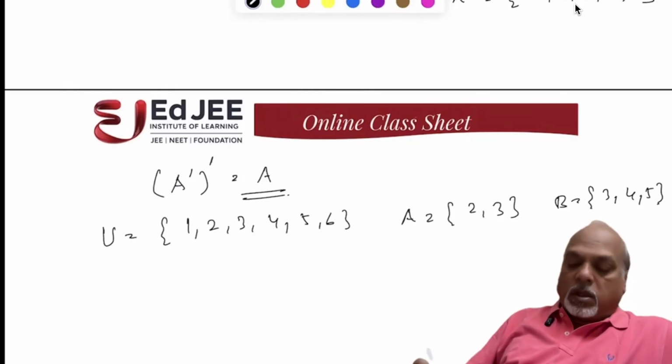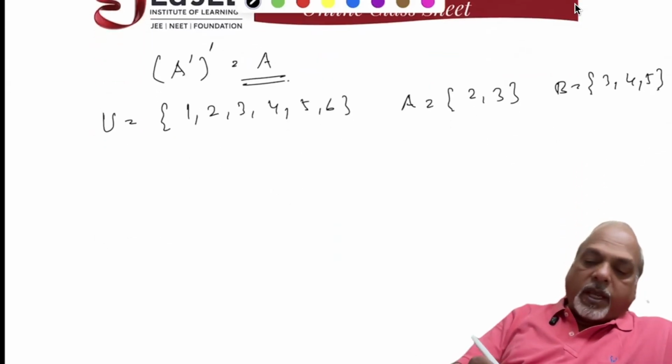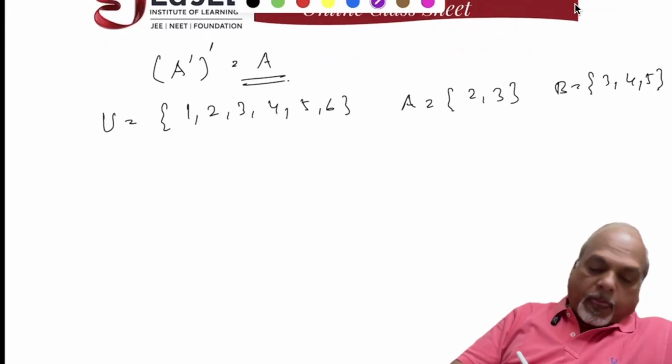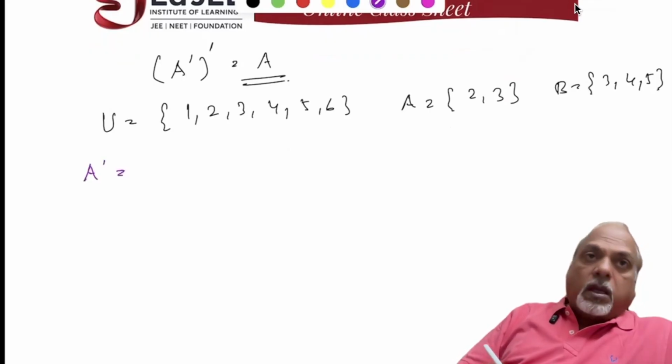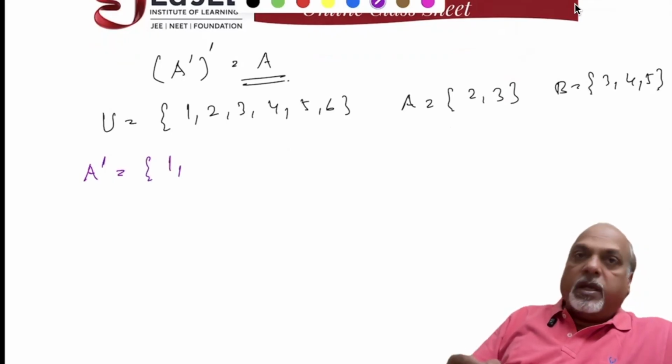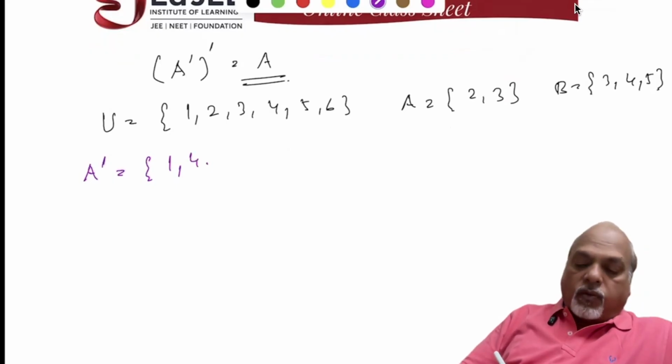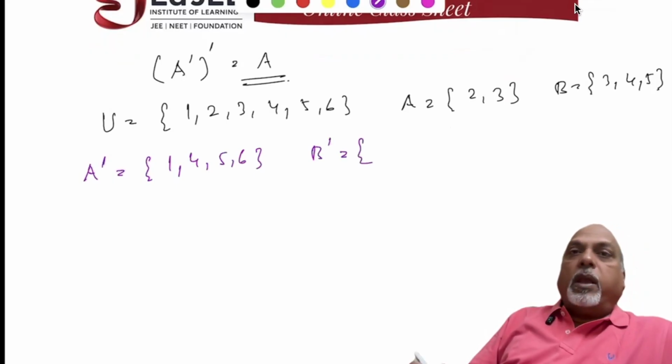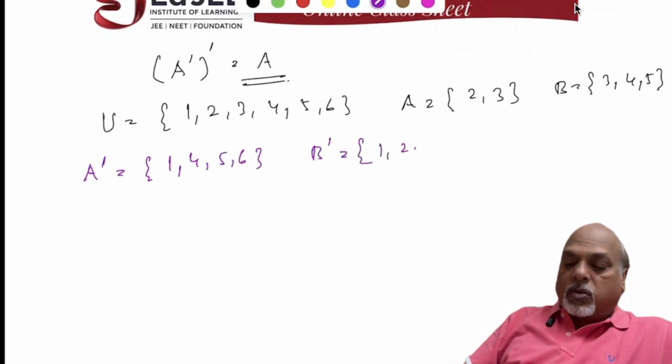Let us find out what is A dash. A dash means complement of A. Complement of A, you can see, will be nothing but 1, 4, 5, 6. What about B dash? B dash is nothing but 1, 2, 6.